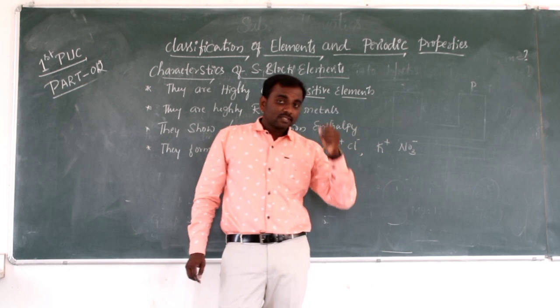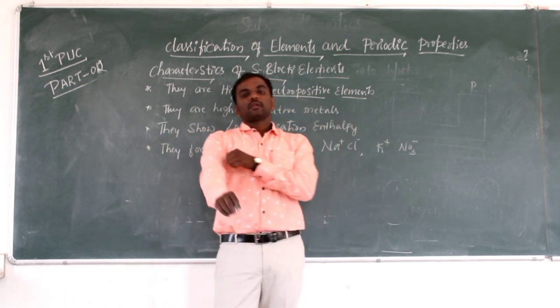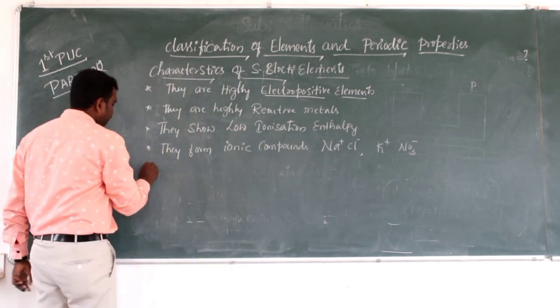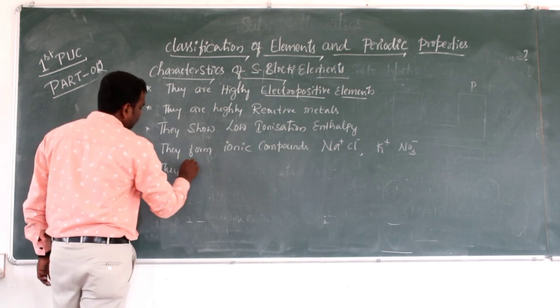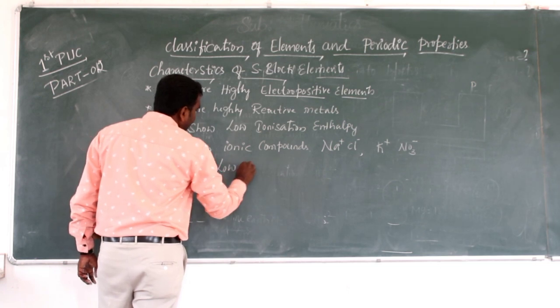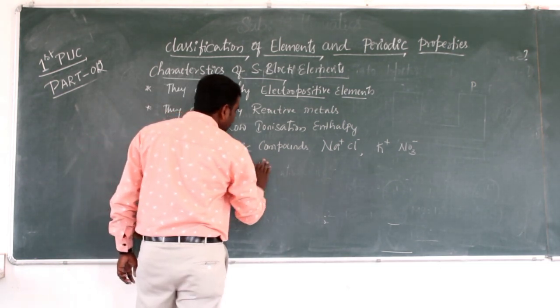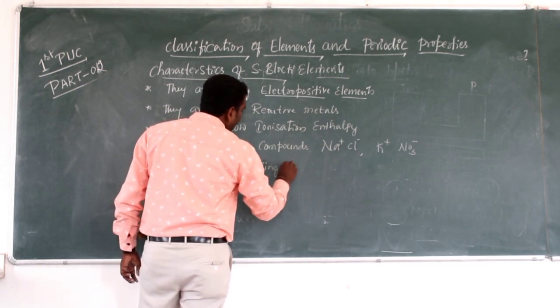See, NO2 is nitrite, this is nitrate, potassium nitrate. Okay, see, next, the next characteristics, they have low melting point. They have low melting point.